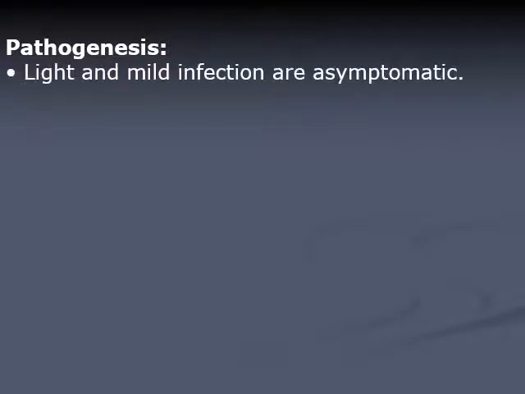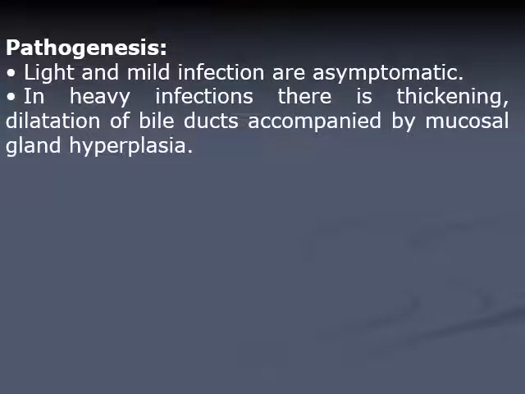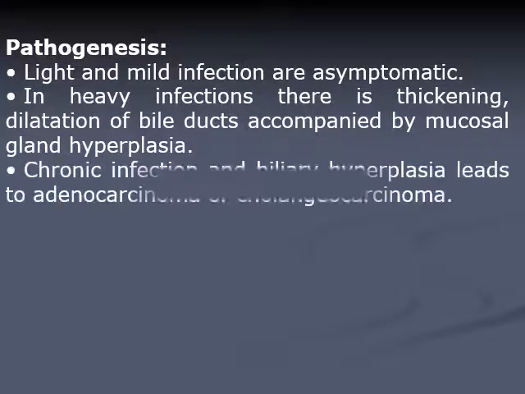Pathogenesis of Clonorchis sinensis هنلاقي إن برضو light and mild infections are asymptomatic. In heavy infection, there is thickening and dilatation of bile ducts accompanied by mucosal gland hyperplasia, because of the irritation of the worm and its excreta.